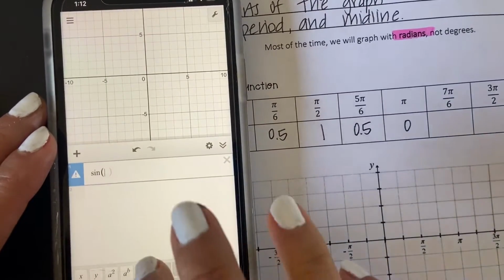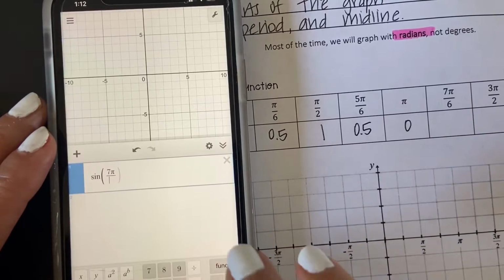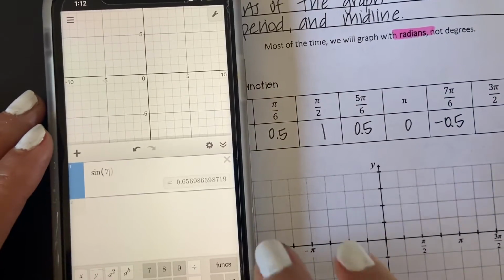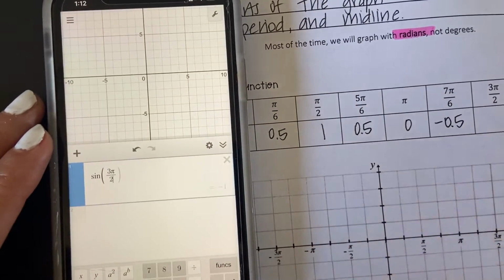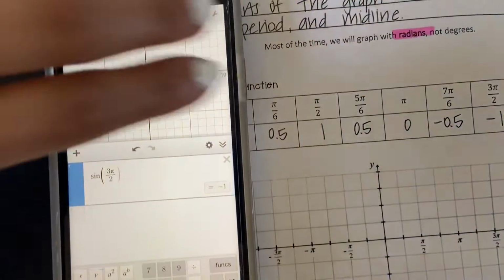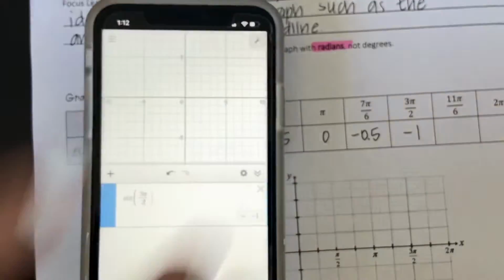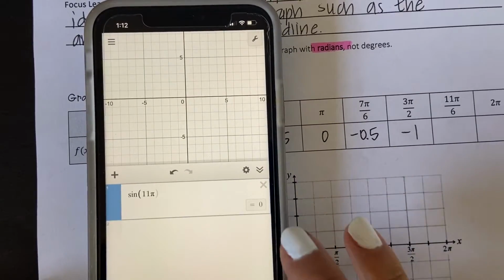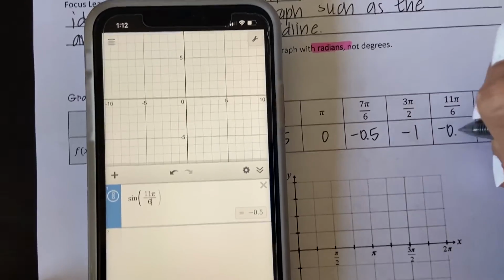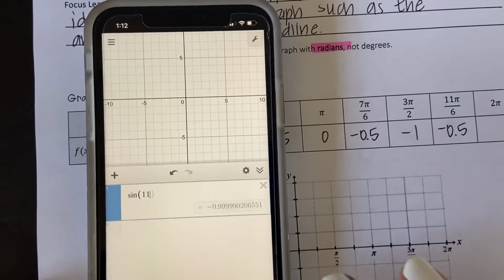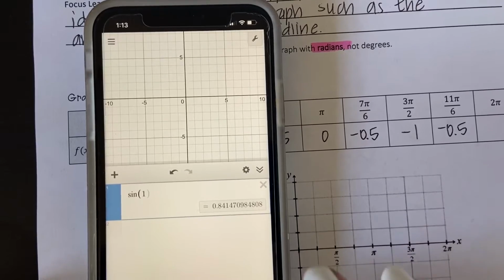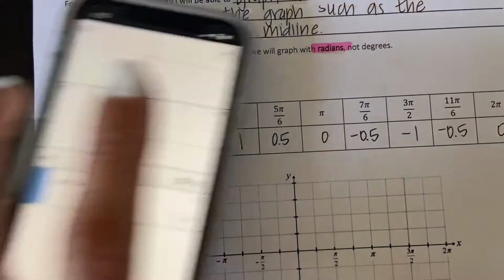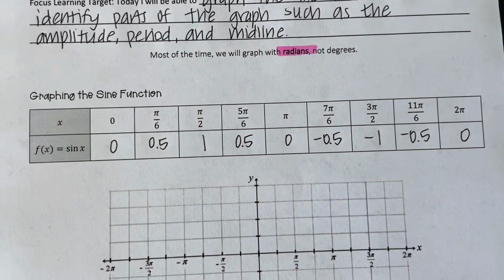Sine of 7 pi over 6, negative 0.5. 3 pi over 2, negative 1. 11 pi divided by 6, negative 0.5. Sine of 2 pi is 0. So there's our full chart. We just use the calculator or Desmos.